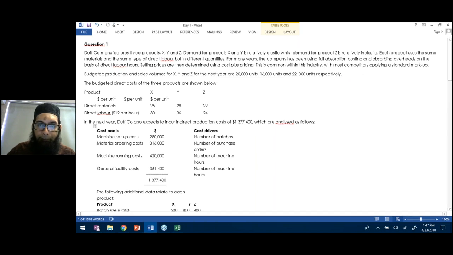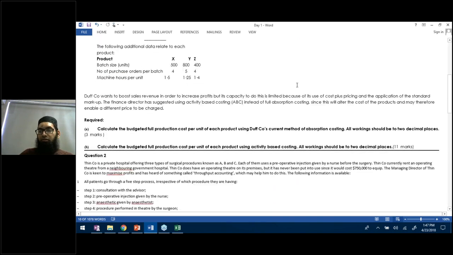So the first information, for example, the demand for product X and Y is relatively elastic while the demand for product Z is relatively inelastic. Now, this information is clearly irrelevant for what we have been asked.